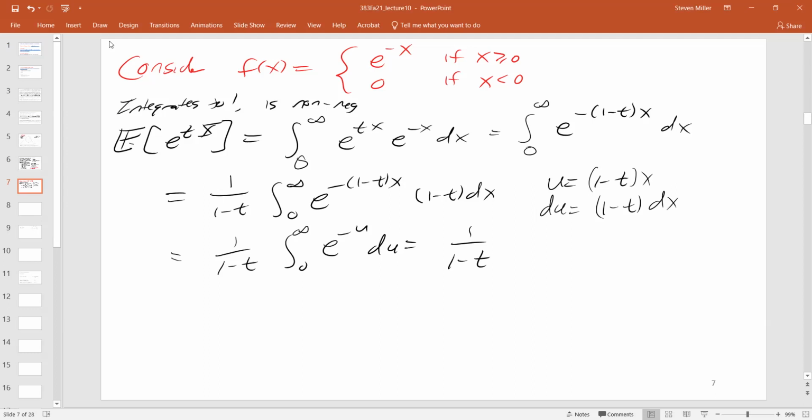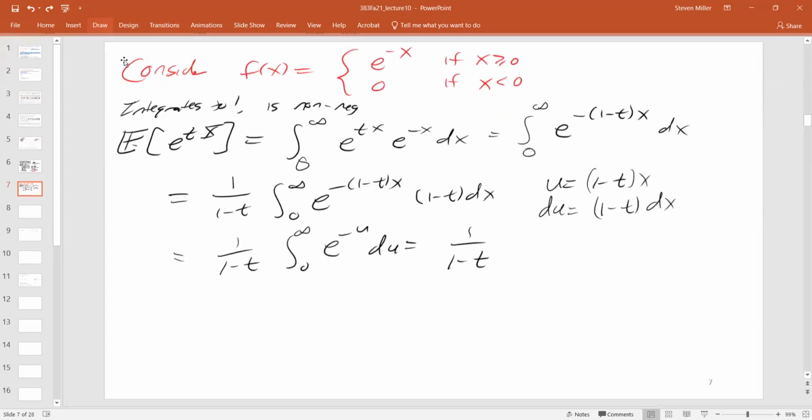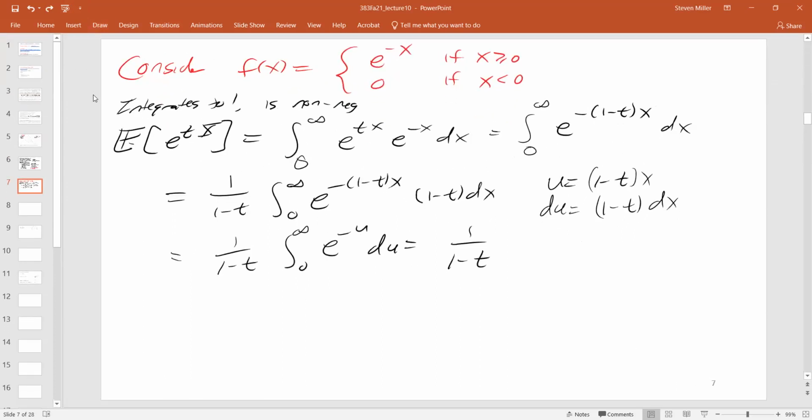So if u is negative, it blows up. And so what must be true about t? So what do I need to be true about t? So we need 1-t to be greater than 0 for the integral to make sense.